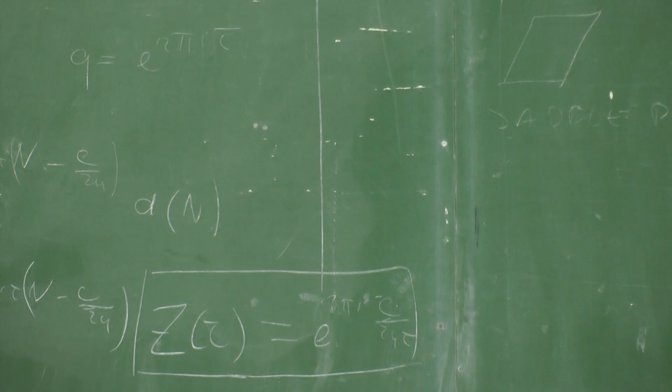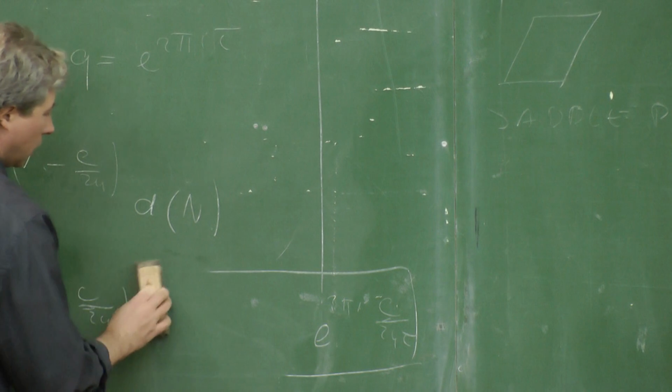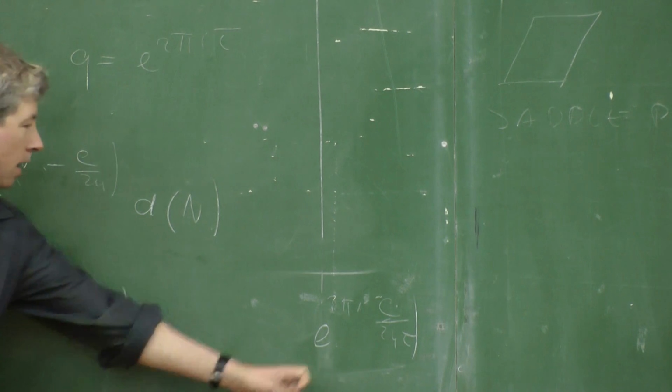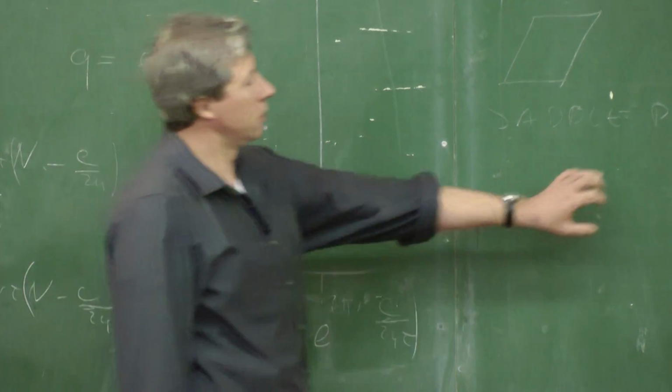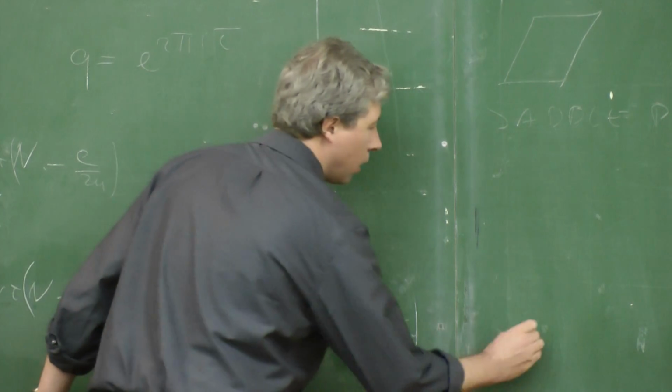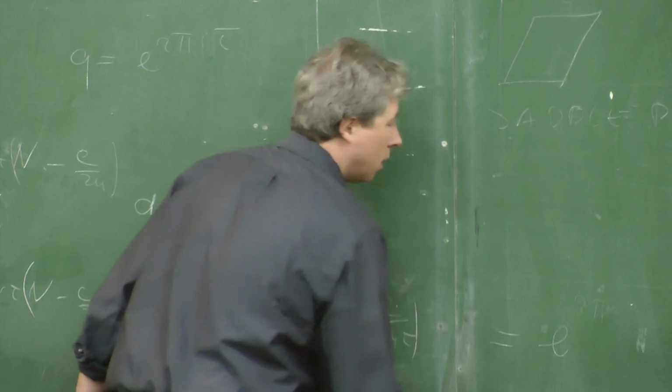And now, let me make this a little more readable by taking this one out. So I'm multiplying these two exponents, and I'm putting in this value, and then you will see that the two exponents basically become the same, and they add up to something that grows like e to the 2 pi.